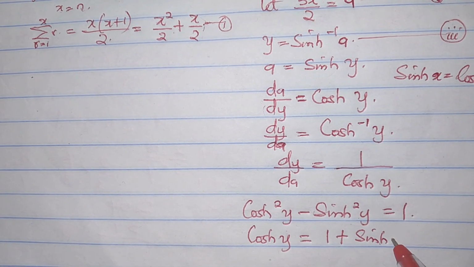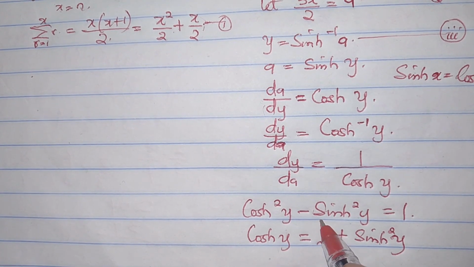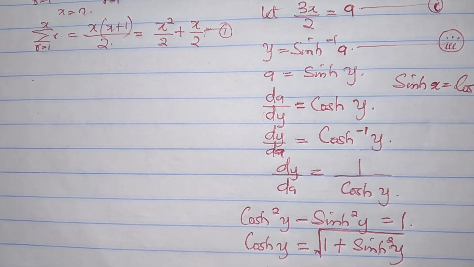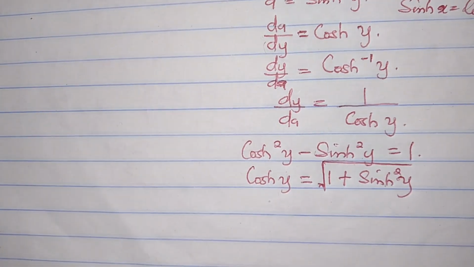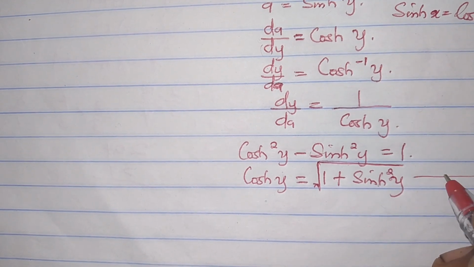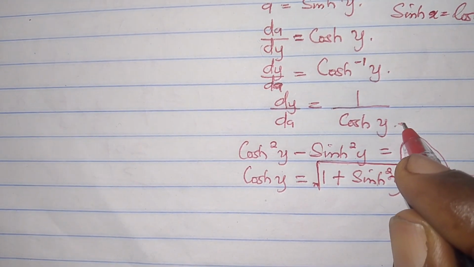sine square y. So we are having this as the result for cosine y. So let's substitute this. We have to substitute this here.